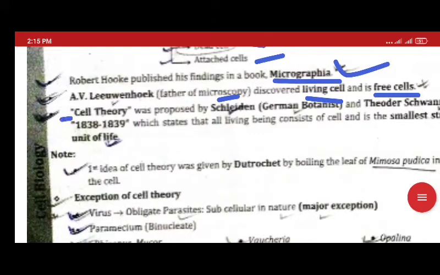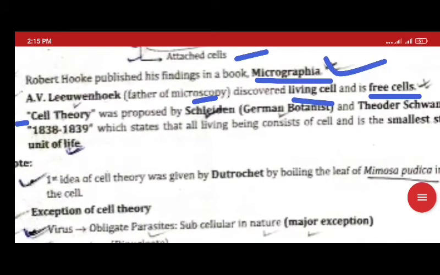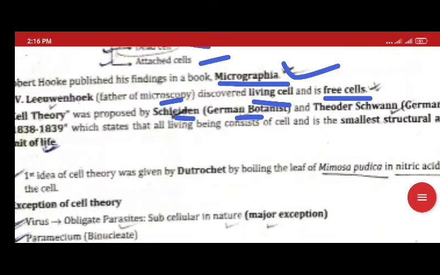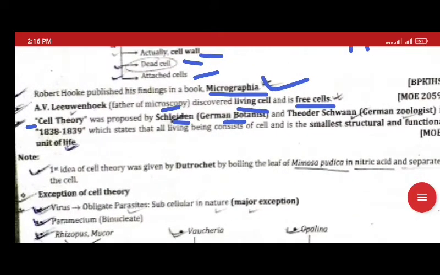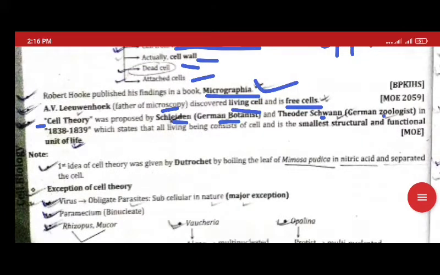Next is cell theory. Cell theory was proposed by Schleiden, a German botanist, and along with him Schwann, a German zoologist. In 1839 they stated that the smallest structural and functional unit of life is what? The cell.